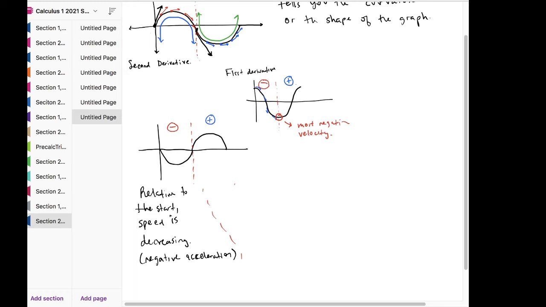So relative to the most steep point, tangent lines are getting less steep.